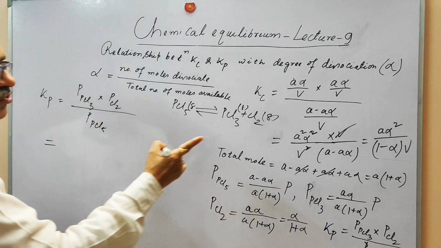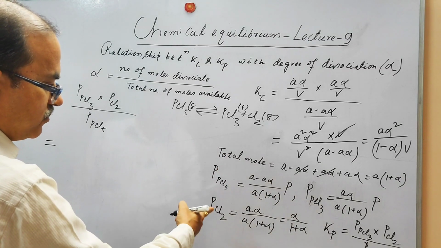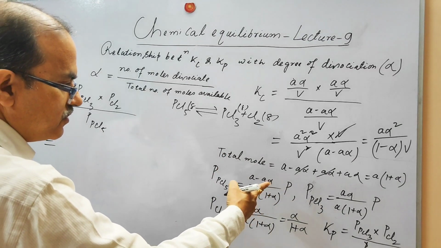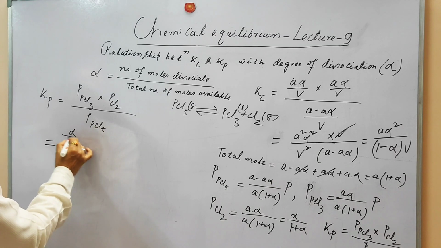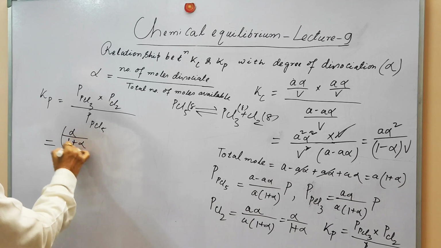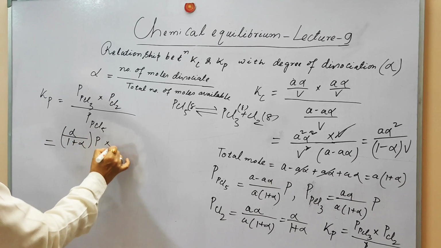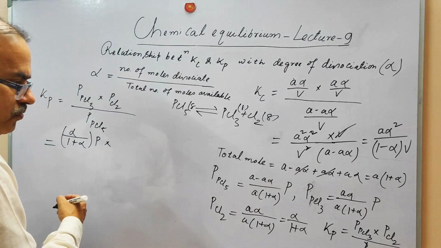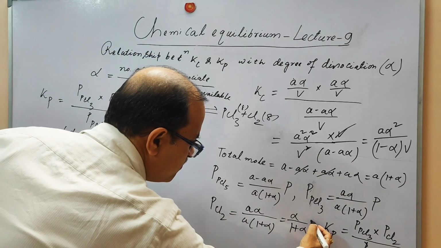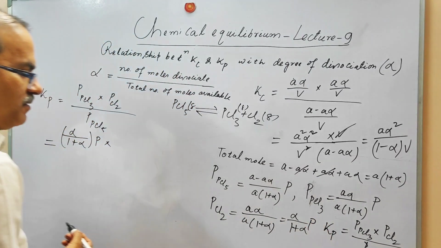Now we are putting all these values, that is, partial pressure of PCl3 that we are getting: alpha divided by 1 plus alpha into P, and for Cl2 also we will get the same, and here we have to put the total pressure P.